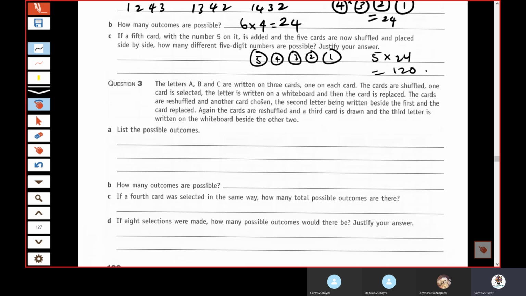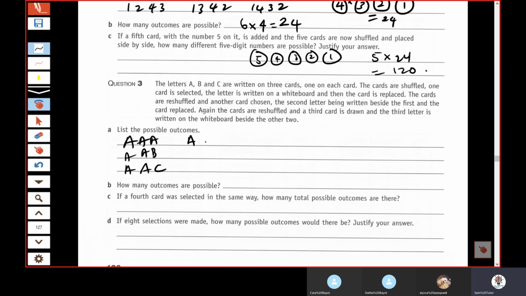We'll continue reading. The cards are reshuffled and another card chosen, the second letter being written beside the first and the card replaced. Again, the cards are reshuffled and a third card is drawn and the third letter is written on the whiteboard beside the other 2. There are all the possible outcomes. So you can obviously get AAA this time. You could get AAB, AAC.